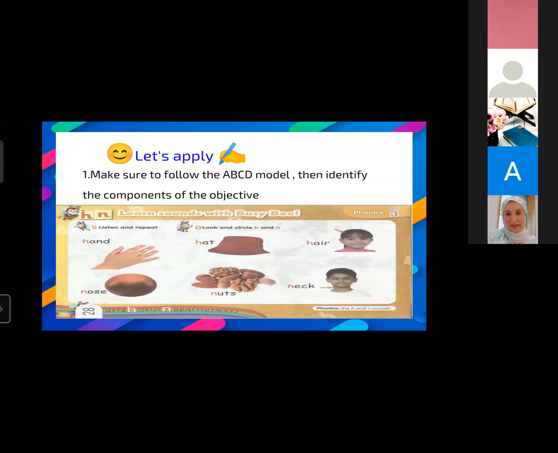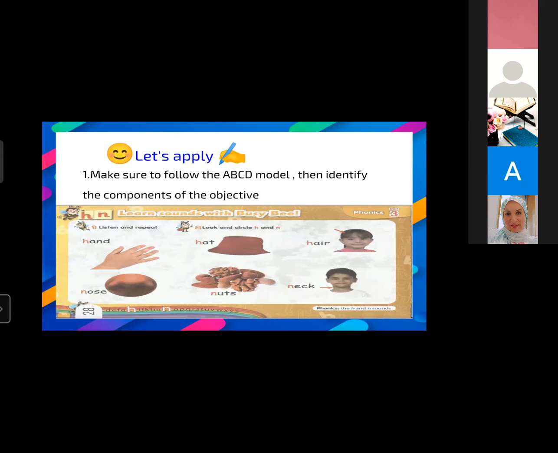Look at this picture and please take a minute to think of an objective. Make sure to follow the ABCD model to tell me the behavior, the action verb you choose, the conditions and the materials, and of course, the degree of the objective.